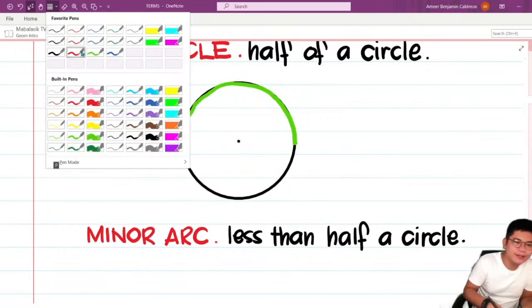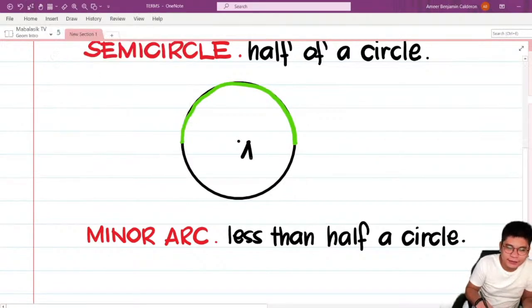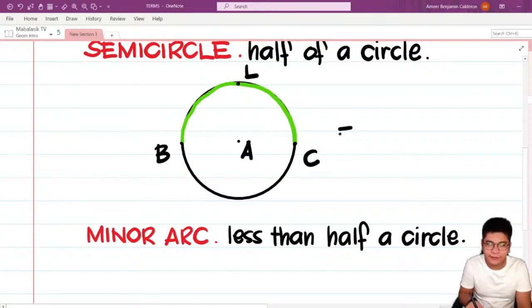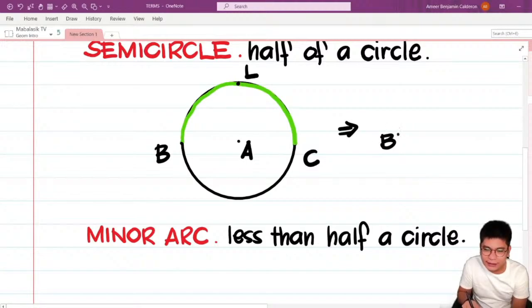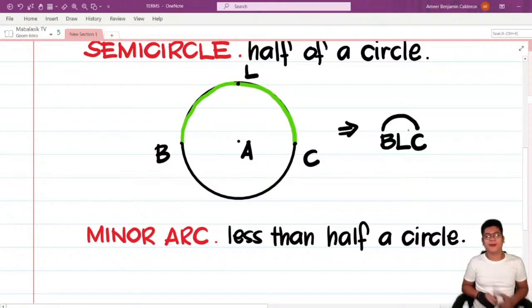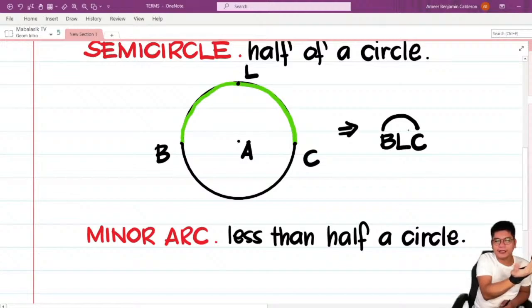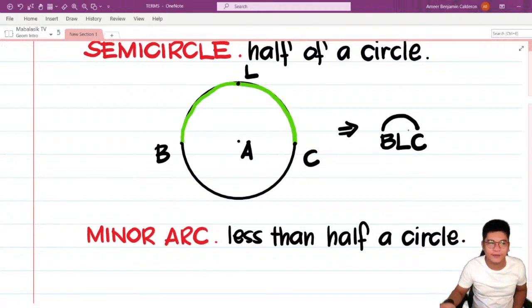So for example, this is circle A. We take this as point B. This is point C. And this is point L. So therefore, our semicircle right here is BLC. This is the accent. May accent ulit. Parang dun sa lines and subsets of a line. So that is the accent for circle.